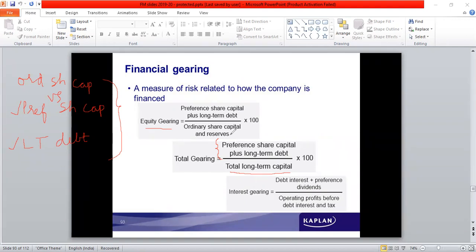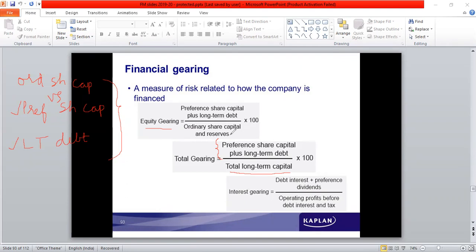Based on the availability of profits, a decision is taken about how much amount of dividend would be paid. So equity gearing is the proportion between those types of capital where there is a fixed obligation versus those which do not have any fixed obligation. Total gearing is the total capital raised which has a fixed obligation, preference capital plus the long term debt capital, divided by the total capital.